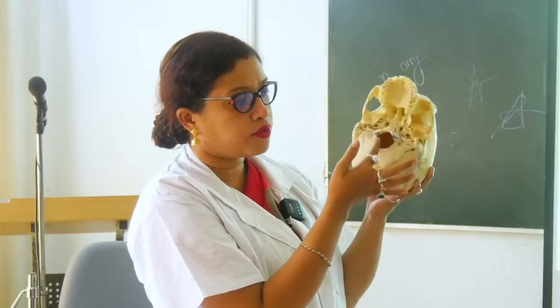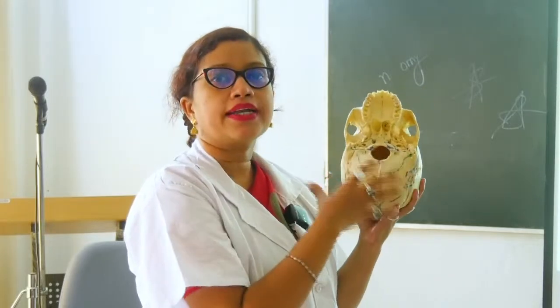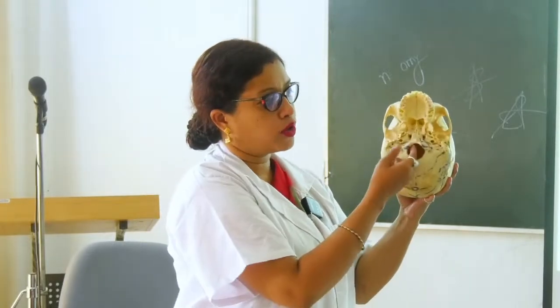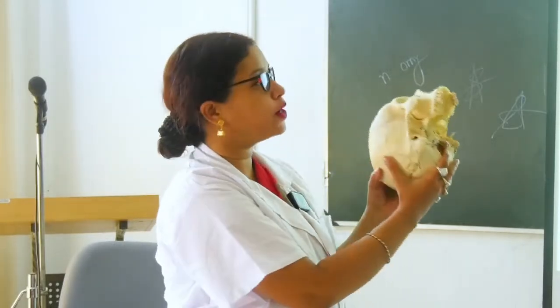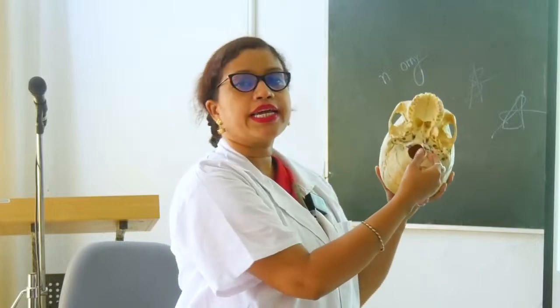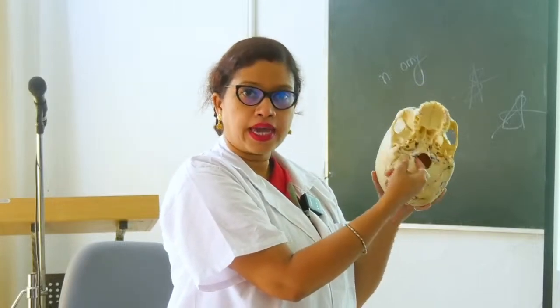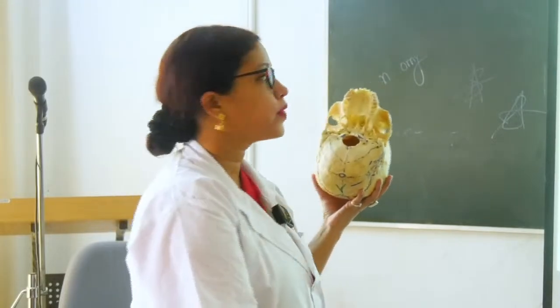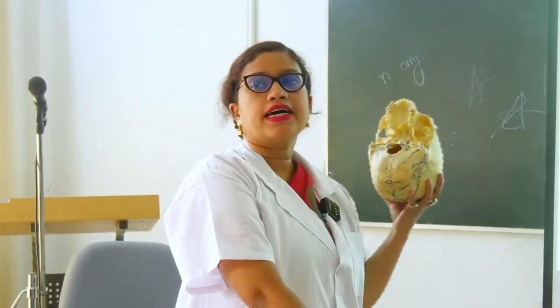So just below that you will find one canal. So that is known as hypoglossal canal. এটা condylar fossa, নিচে I could not show you. It is found on the inferior aspect. Okay, inferior aspect এ একটা foramen পাবে. So that is known as hypoglossal canal. বুঝলি? So this is the 12th nerve.